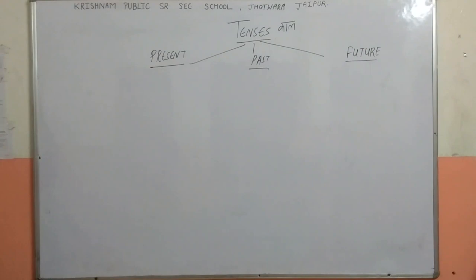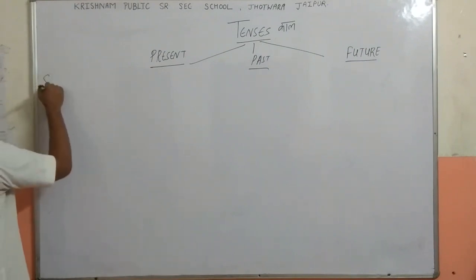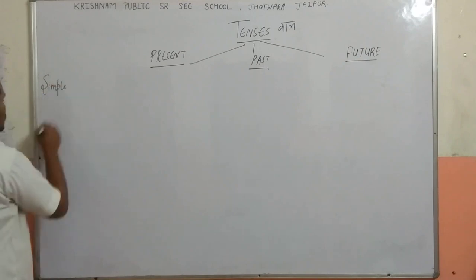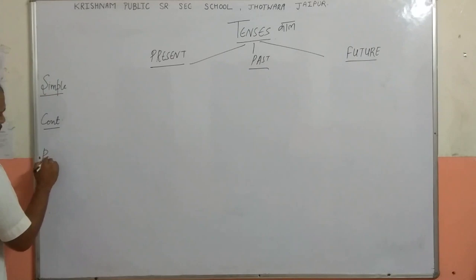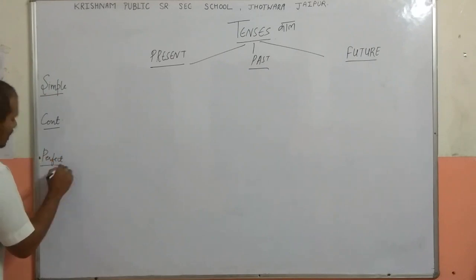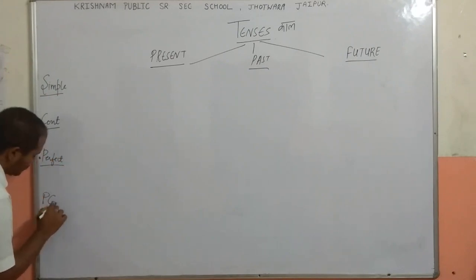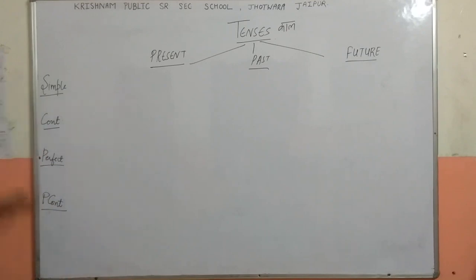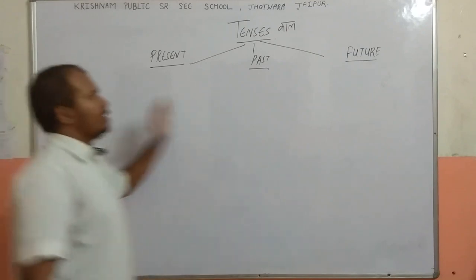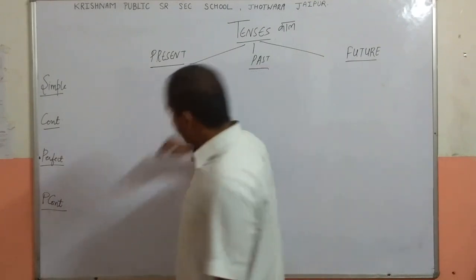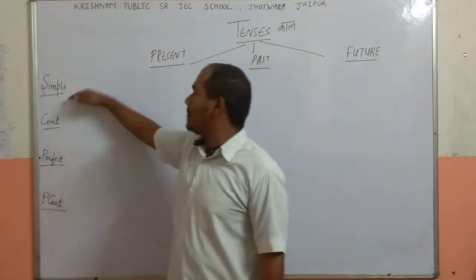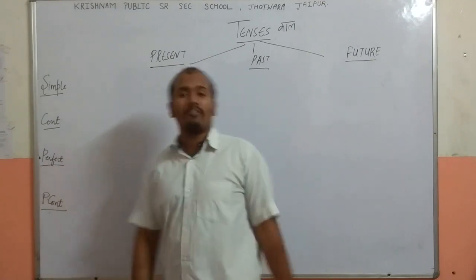All these three types are further subdivided into four types: simple, continuous, perfect, and perfect continuous. So we have tenses in three types, present, past, and future, and we subdivide each into four more subtypes: simple, continuous, perfect, and perfect continuous.